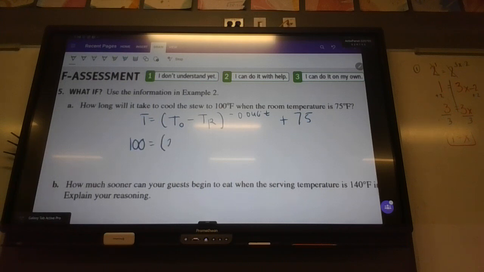It's starting at 212. That's what made all the flavors go together. The rate is 0.046, just like the example. And then 75. We don't know little t. That's actually what we're trying to figure out. How long would it take to cool correctly?